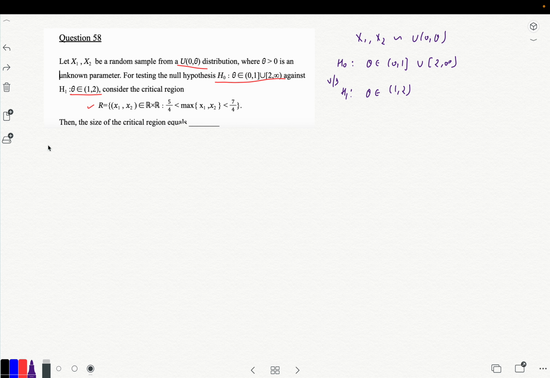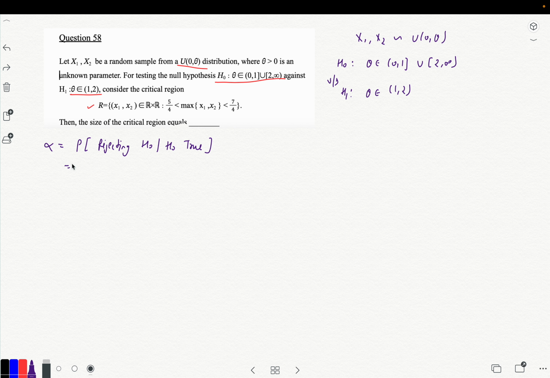Size of the critical region means I have to find the type 1 error, alpha. What is type 1 error? Type 1 error is the probability of rejecting H naught when it is true.